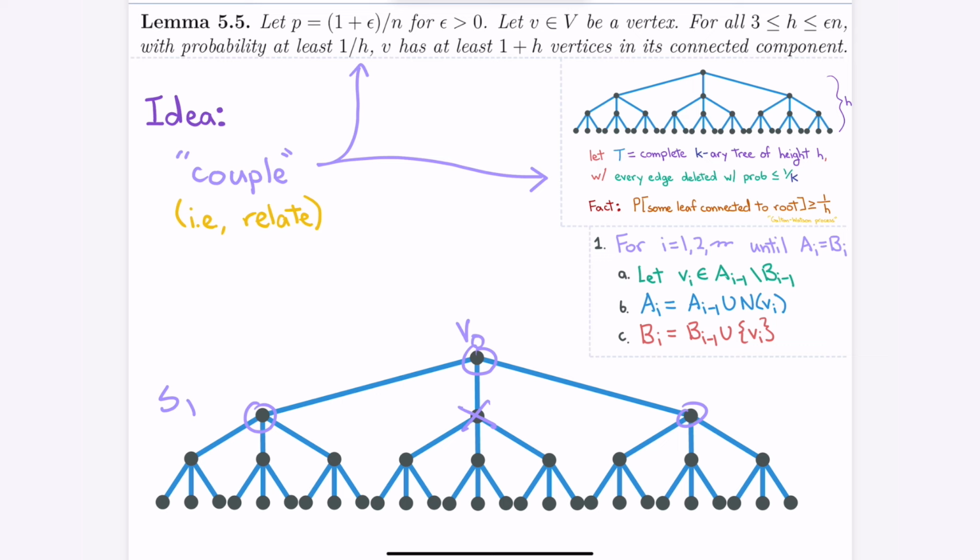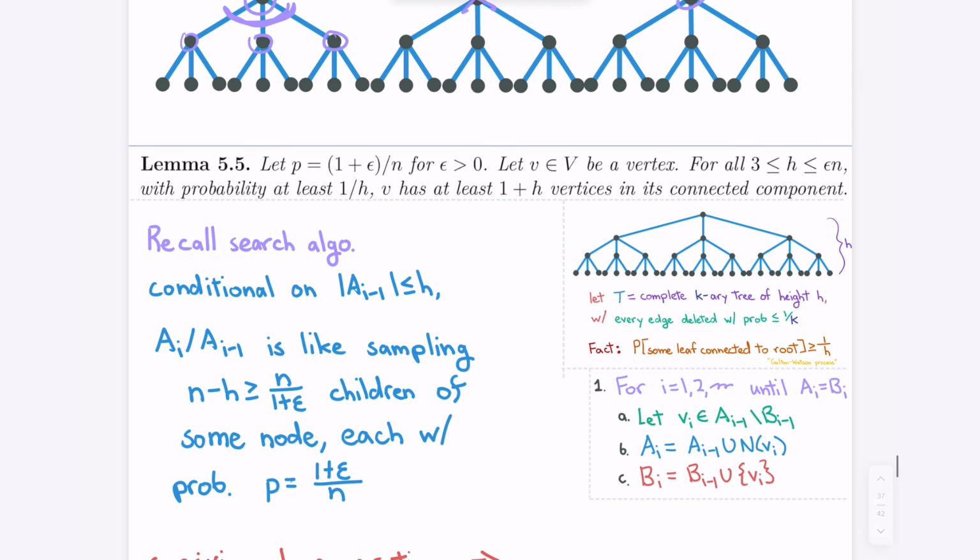Then I'm going to think of V1, you can think of, for example, doing our search in breadth first search order, so that'll be V1 and then V2, something like this. And I know that as long as I don't have h vertices yet, there are n minus h vertices out there I'm sampling from. So the maximum number of possible children is always huge. Let me do this a little more slowly.